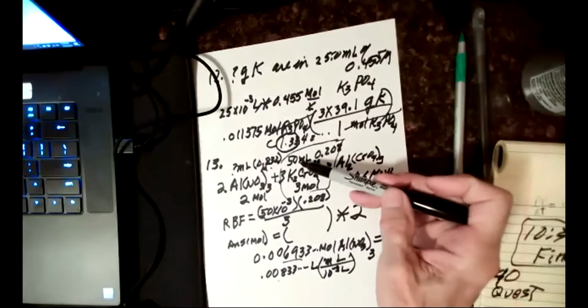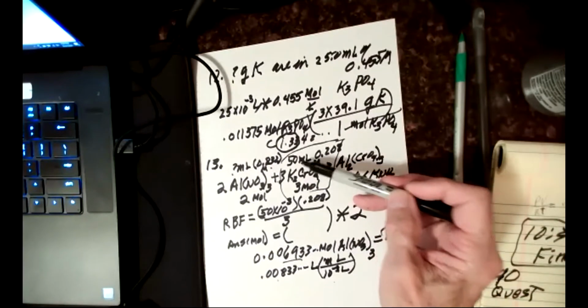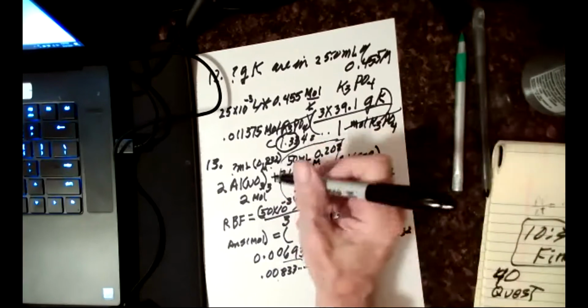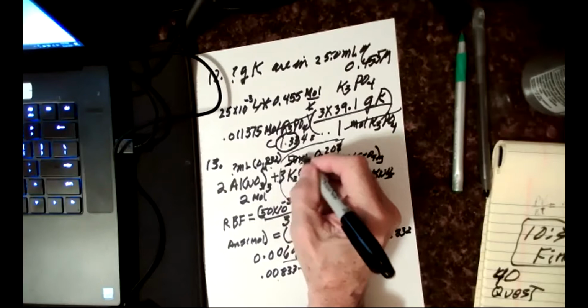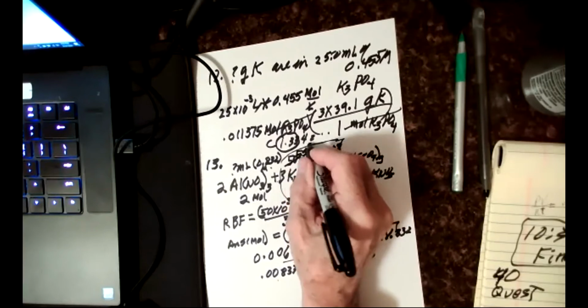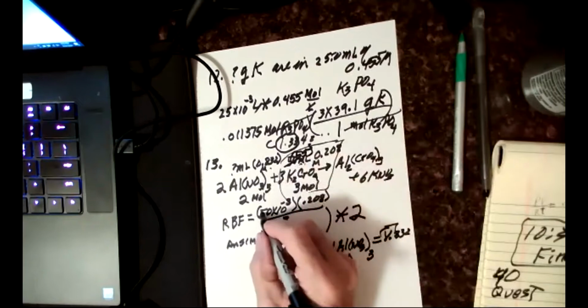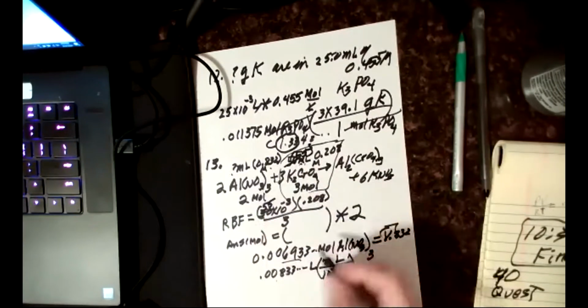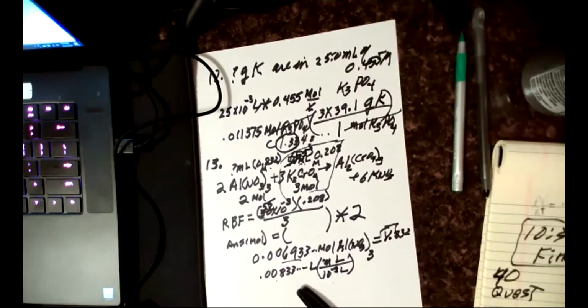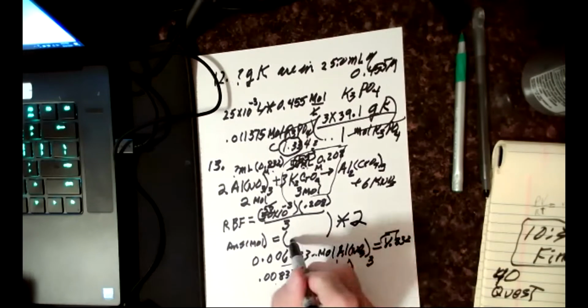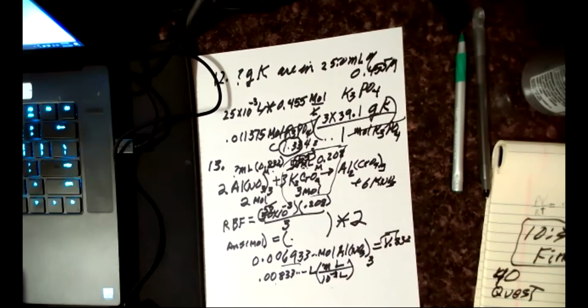Oh, I see, it's way back up here. I put 50 milliliters there. That's supposed to have been a 55. Okay. No big deal. Let's just go back and run it through. This will be 55. Now let's do the math. It's 55 exponent -3 times 0.208 divided by 3 is that. Now I've got a slightly different number for this. I need to multiply it by 2. And then that gives me a slightly different number for that.